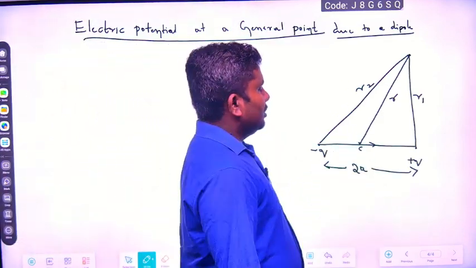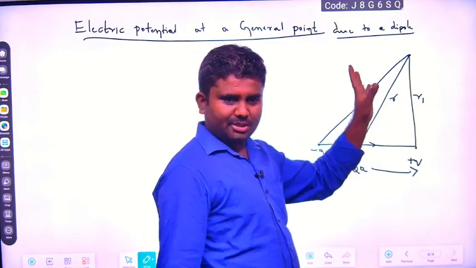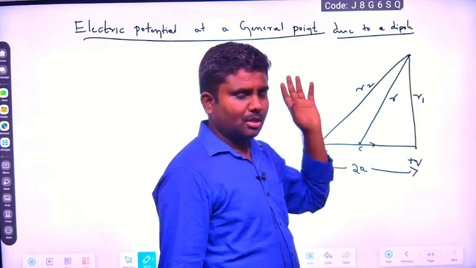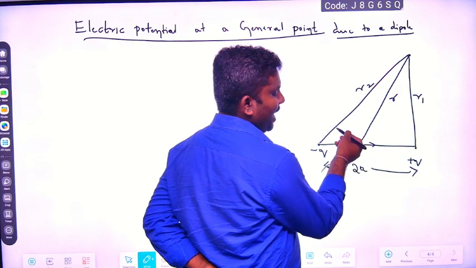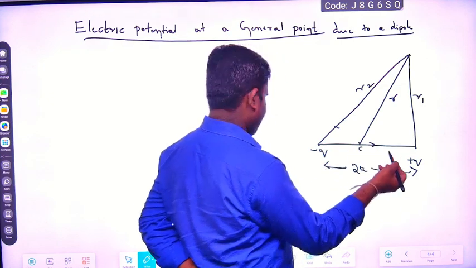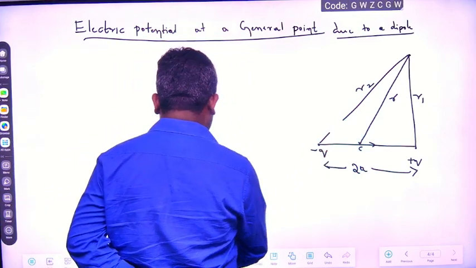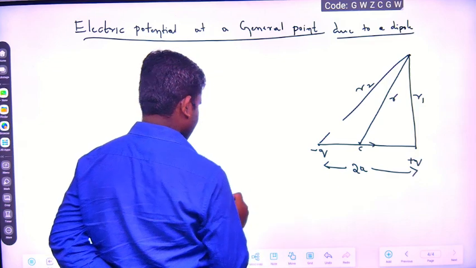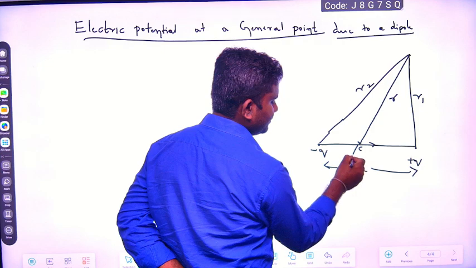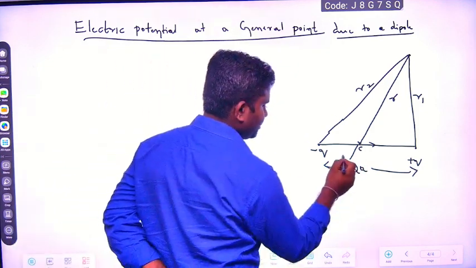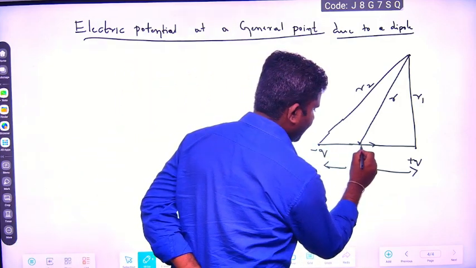Now I need to find the electric potential due to these two charges at a general point. I will take one parallel line, or you can redraw this line and extend it. Yes, this is the center.